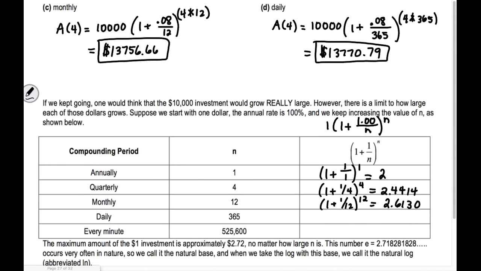So daily, we would divide by 365 and raise to the 365. That gives 2.71457, somewhere around there. And then every minute, do you guys know the song that involves 525,600 minutes?